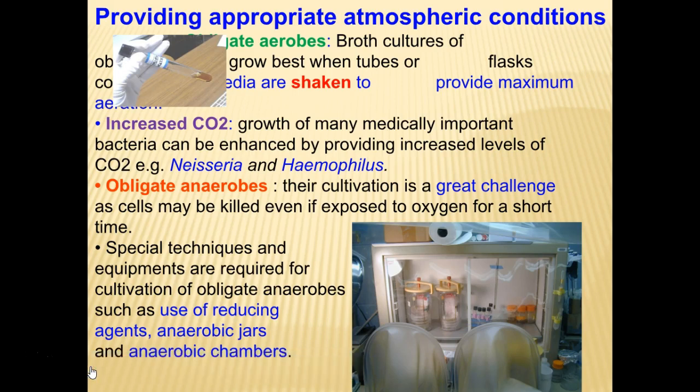Stuff is cut off again. All right, so providing the right atmospheric conditions. When we're trying to study obligate aerobes, the broth cultures do better when you take the tubes and shake them or finger vortex them. We talked about that a little bit after our first lab, taking the tube and tapping the finger across the bottom of it.